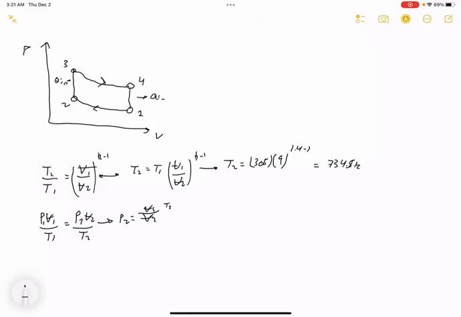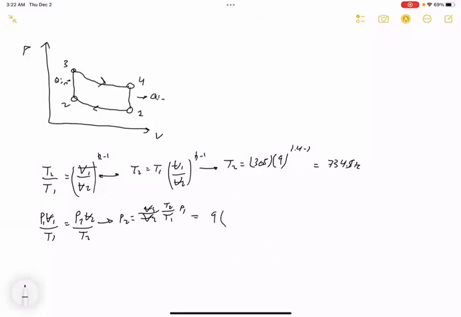So if we rearrange this, we can express P2 as V1 over V2 times T2 over T1 times P1. Putting in the values, V1 over V2, we know the ratio, it's 9.